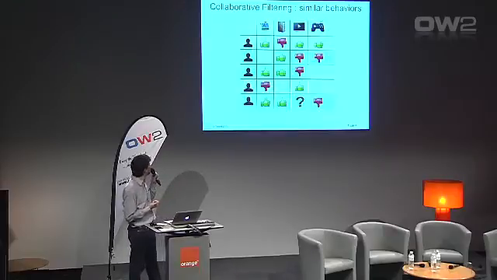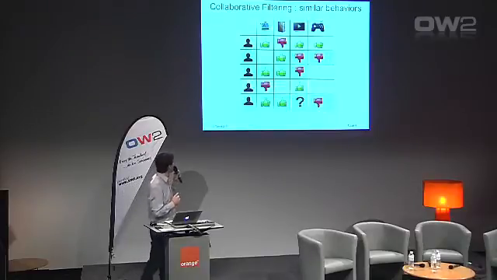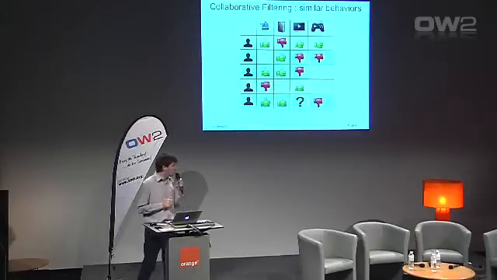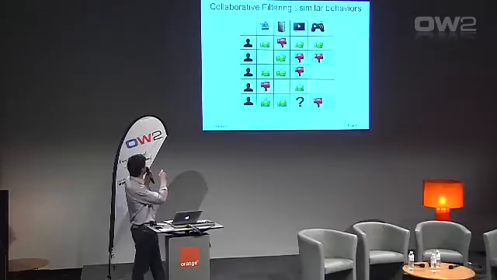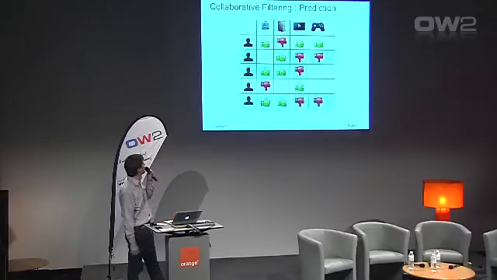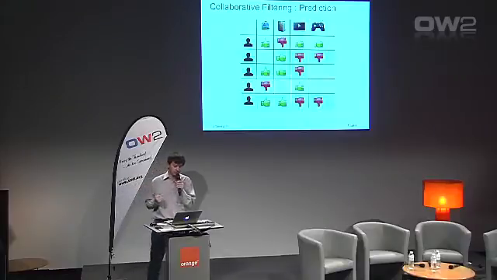For example, person number 2 likes the second product, like my last user, and disliked the last product. And person number 3 likes the first two products, like my last user. So we have a good probability that my last user will dislike this third product. This is the goal of collaborative filtering.